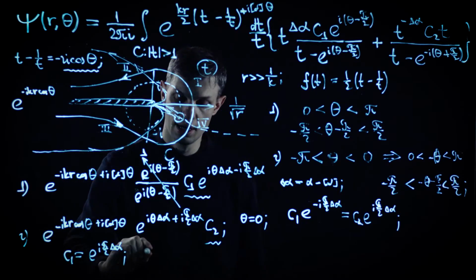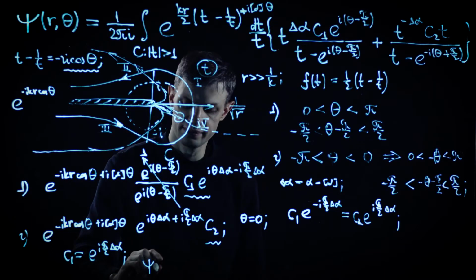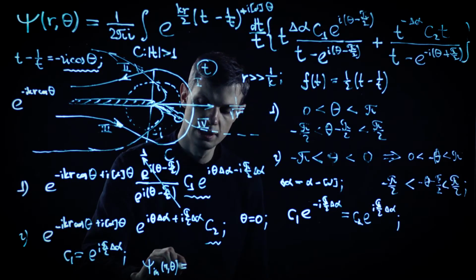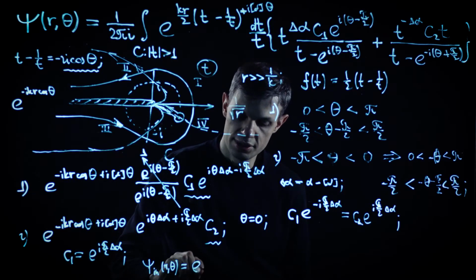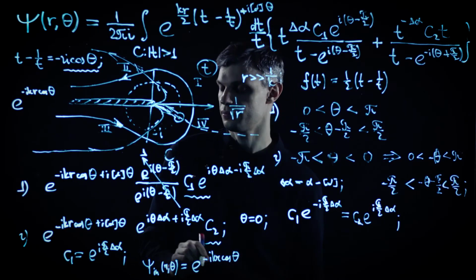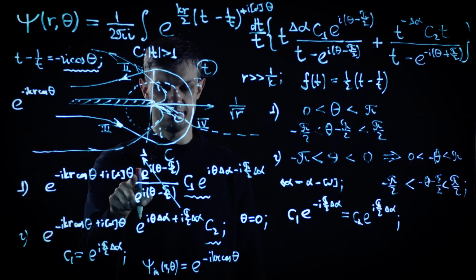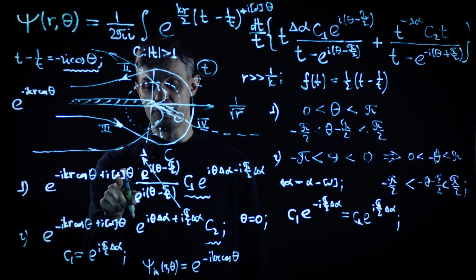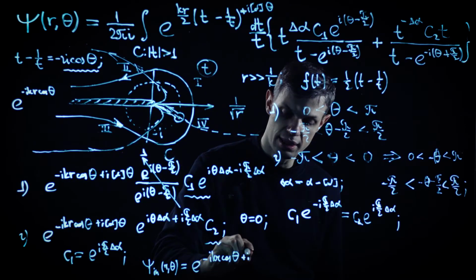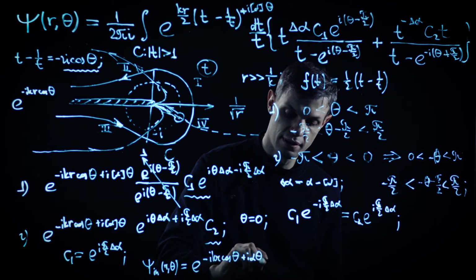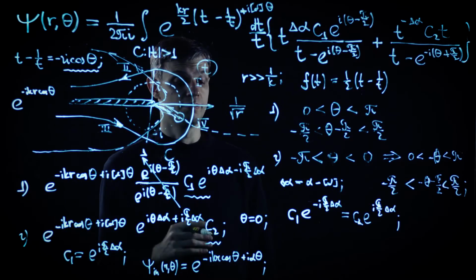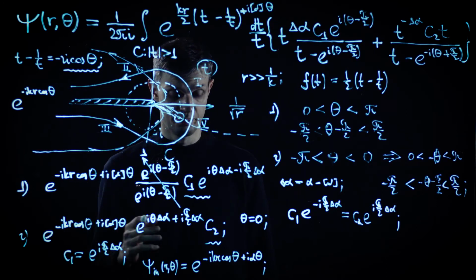After this, our incoming plane wave becomes a simple e to minus I kr cosine theta plus this theta dependence, and this delta alpha plus integer part of alpha gives us full alpha, I alpha theta. The peculiar thing that you may notice is that alpha may be an arbitrary real number.